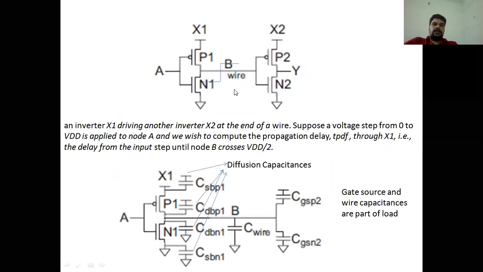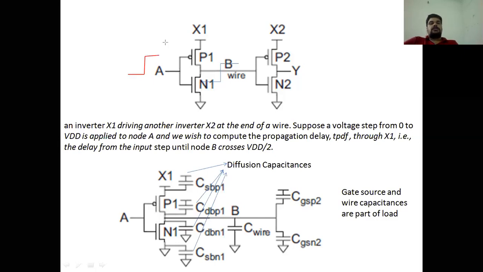Now let us consider this circuit. This circuit has a CMOS inverter X1 that is driving another CMOS inverter X2. Let us assume that a step input is applied at the input of inverter X1.